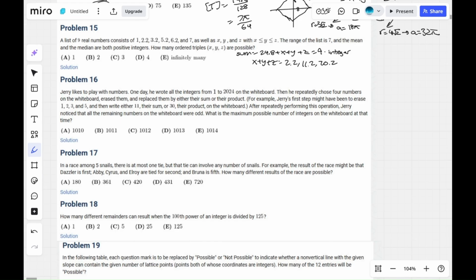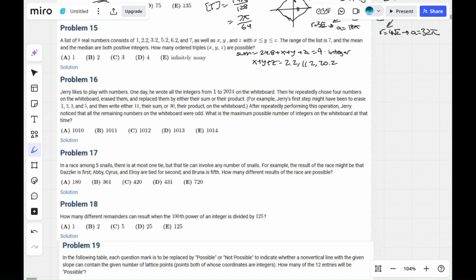So even if they were all greater than 7, the largest that z could be would be 8, and the sum would be less than 29.2. So those 3 values are the only possible values that x plus y plus z can be.